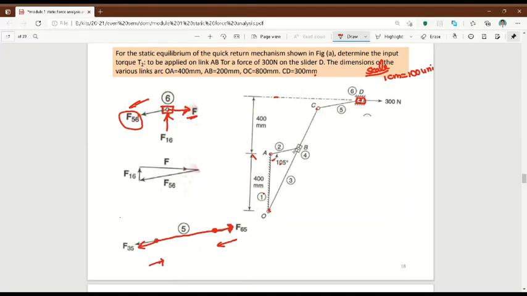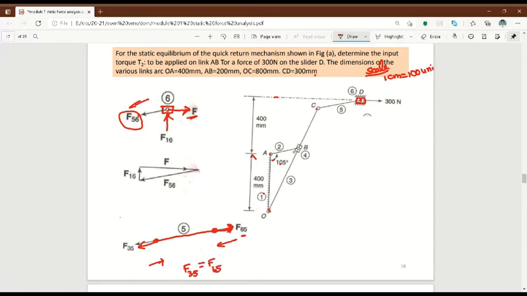So now we got the direction of F65. Because this point is between link 5 and 6, I'm giving F65, and this point is between links 3 and 5, so I'm giving F35, and we know that F35 is equal to F65.